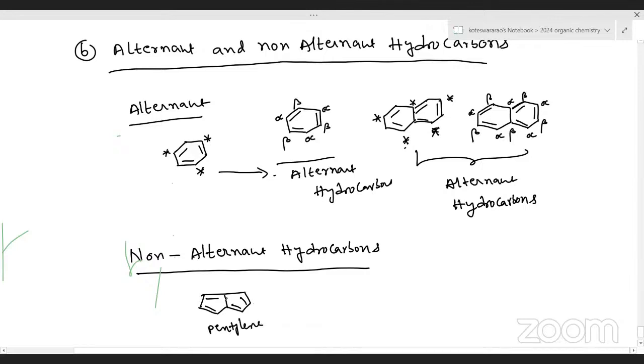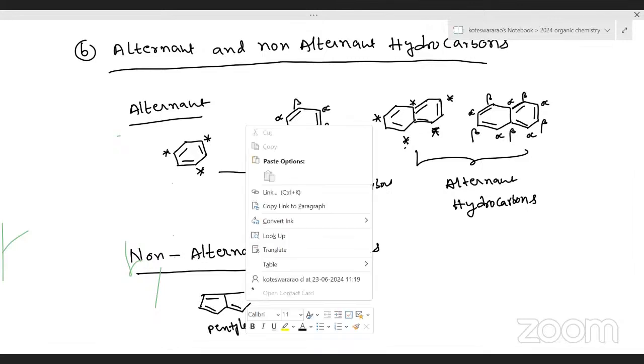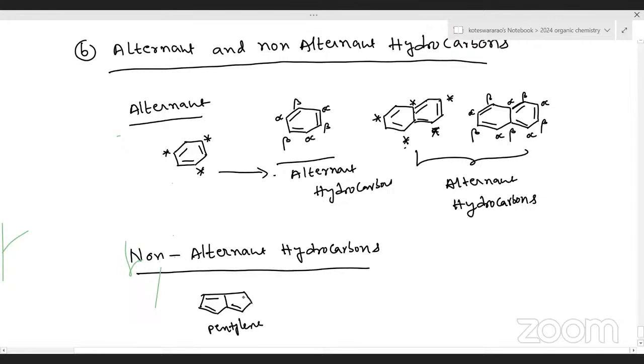Pentalene. Now you take the double bond. This is the double bond in the molecule. Alpha, beta, alpha, beta, alpha, beta, alpha, beta. Look here.